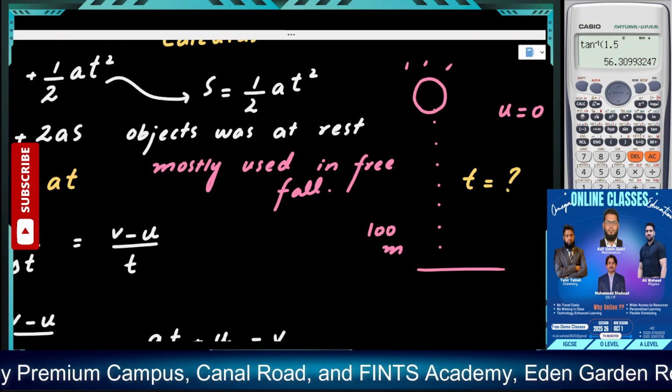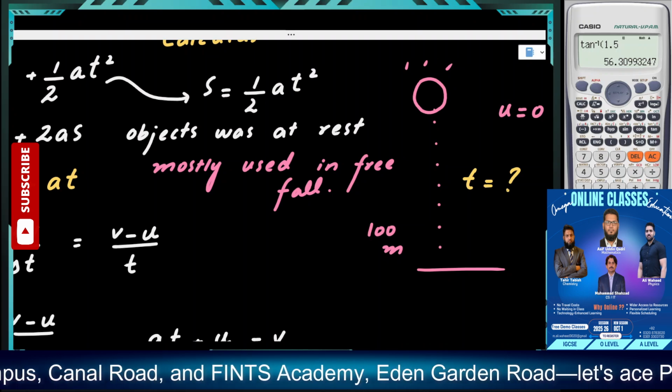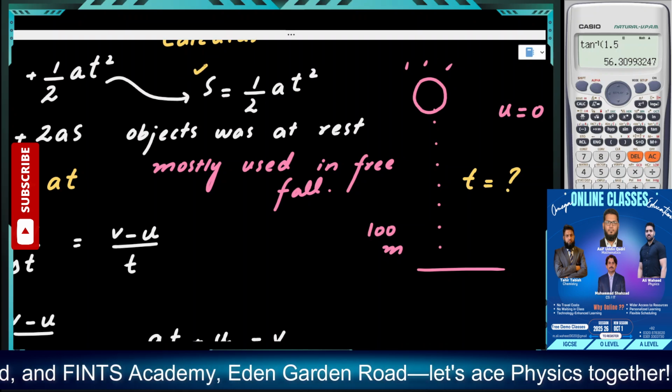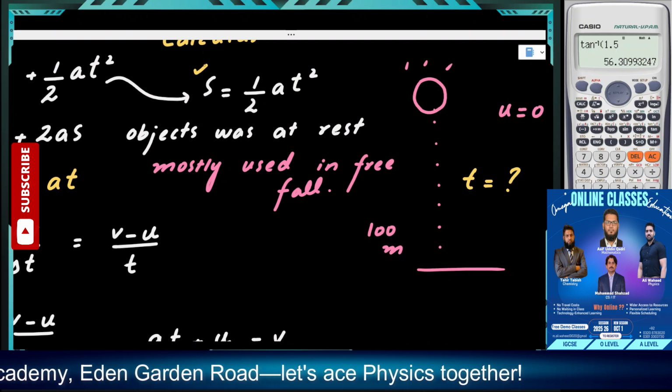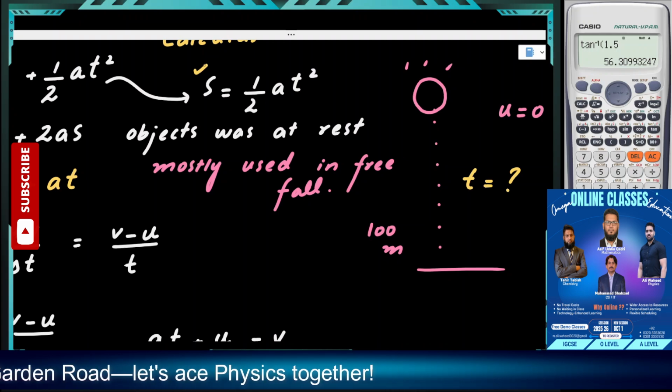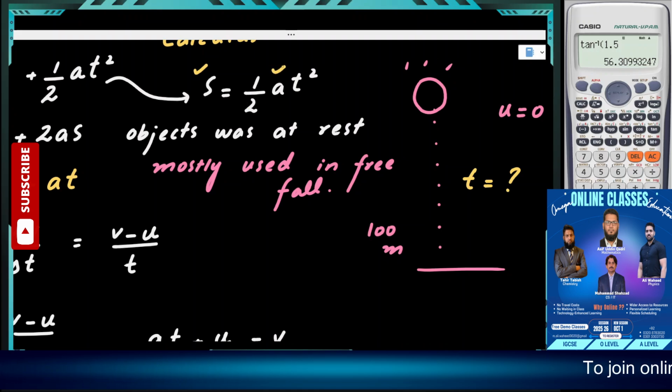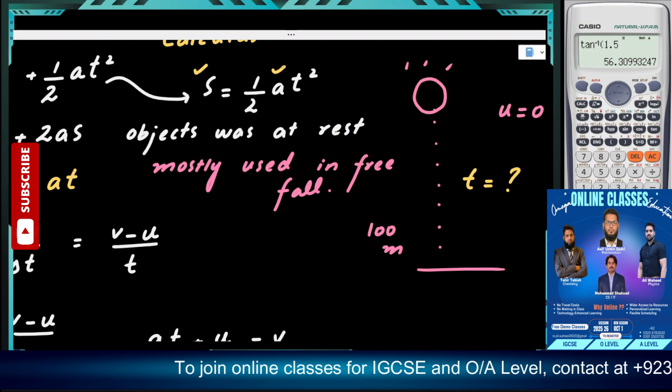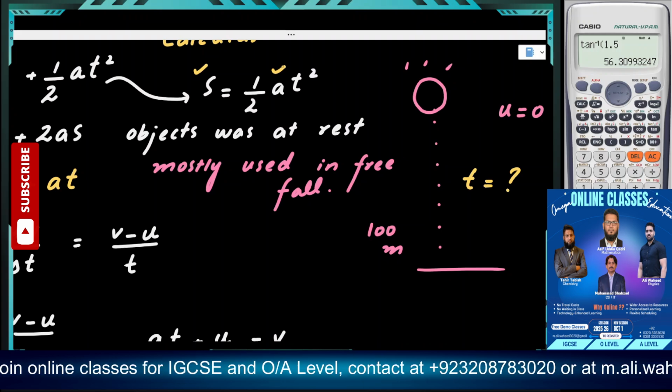How do you do that? You see, you have only a single thing over here. That is the displacement, 100 meters. Now, since it's the free fall motion, the acceleration would be used as the acceleration of free fall. It can be used as 9.81.